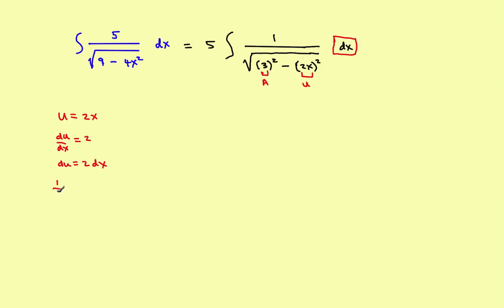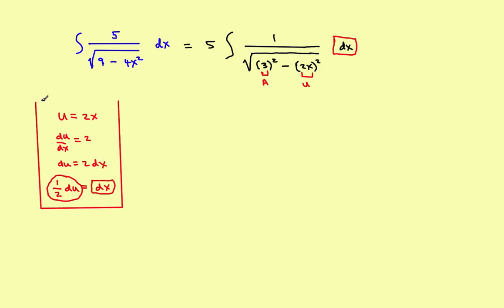So 1/2 du would be equal to dx. And this dx agrees with this dx, so I can substitute. My u substitution will be that right there. That's no different than anything that you've done every time you've done u substitution before. So we'll go ahead and isolate this by putting a little box around it. So there's the u substitution right there.